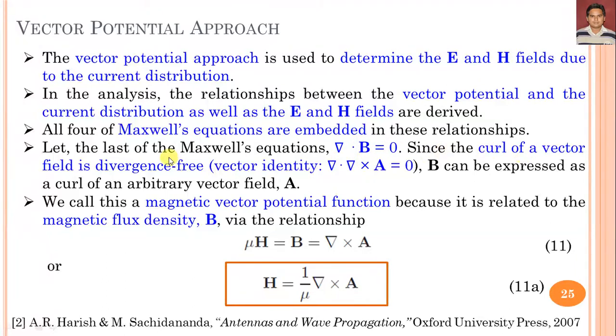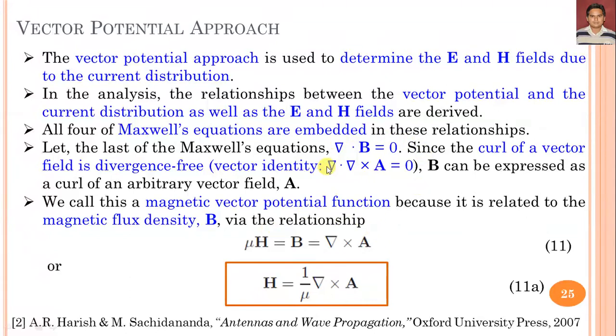Since the curl of a vector field is a divergence free vector quantity, it means del dot del cross A is equal to 0. So we can represent the magnetic field B as the curl of an arbitrary vector field A from this identity. We call this the magnetic vector potential function because it is related to the magnetic flux density via the relation.